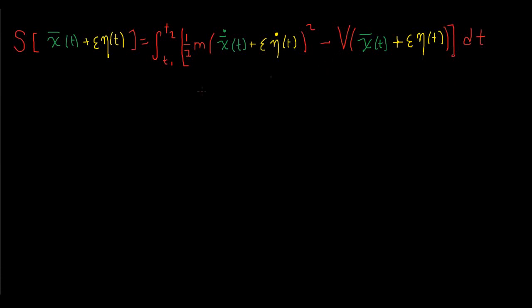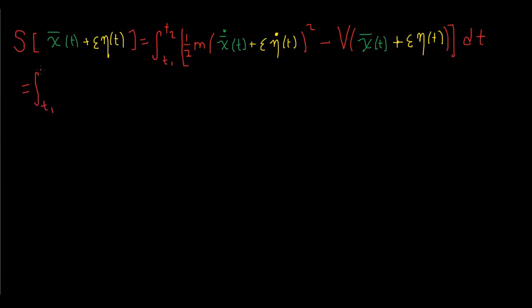So we just plugged in our path into our definition of the action, and now we have to go about expanding it. The whole point is that we're only going to keep this to the first power in epsilon. We're not going to keep it to any higher powers. So let me start my next line here because it's probably going to be a very long line.